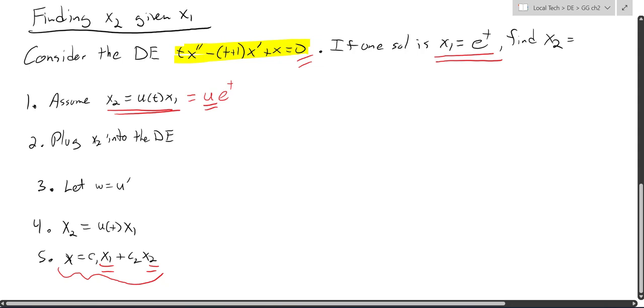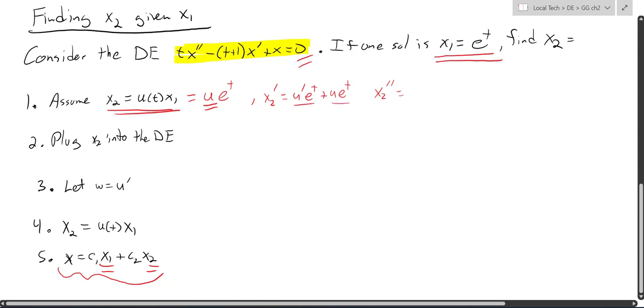All right, so I'm going to have to calculate x2 prime. Well, u is a function of t, and e to the t is a function of t, so I have to use the product rule. So here I'm going to get u prime, the derivative of the first, times the second, plus the first times the derivative of the second. That's my x2 prime. Then I'll have to calculate the second derivative. Well, this is going to be the derivative of this product plus the derivative of this product.